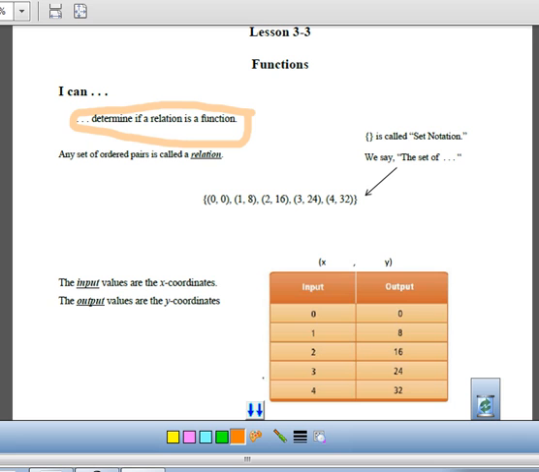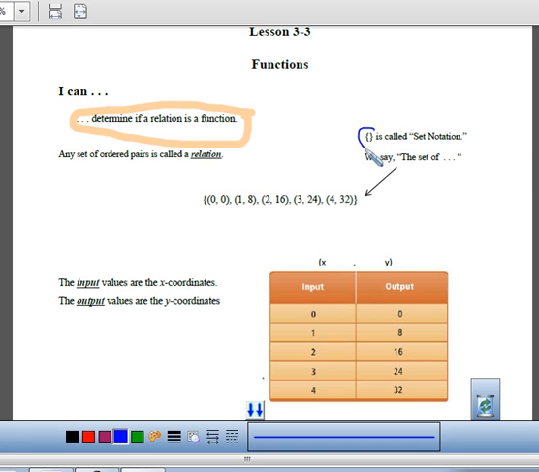So, first thing. These little curly brackets here are what we use for what's called set notation. Okay? And what we say is the set of. So we've got a whole bunch of points here.